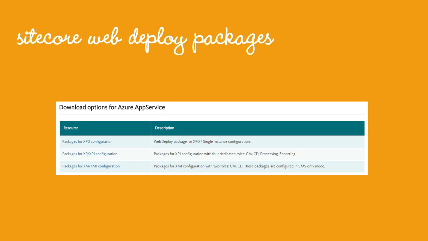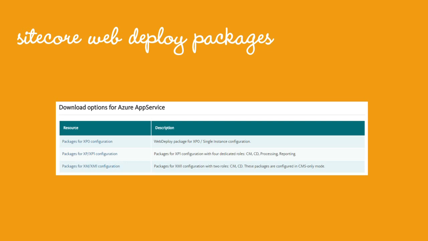And then we also have three different options. So the top one, XP0, is a single instance of Sitecore. It's not security hardened. It's purely there for dev test style environments. There's then your full XP configuration, and this will deploy a CD, a CM, reporting, processing, and it will security harden those as well.